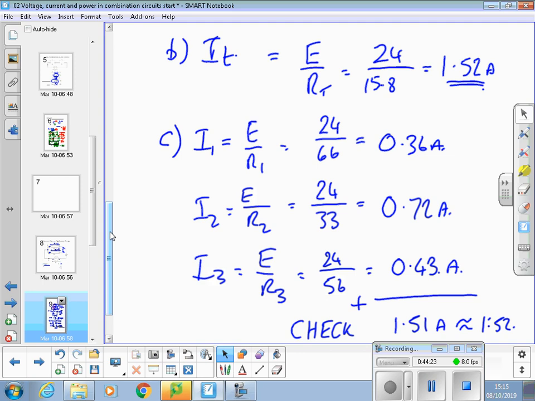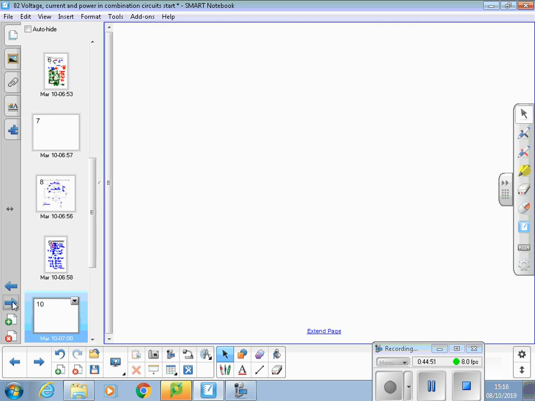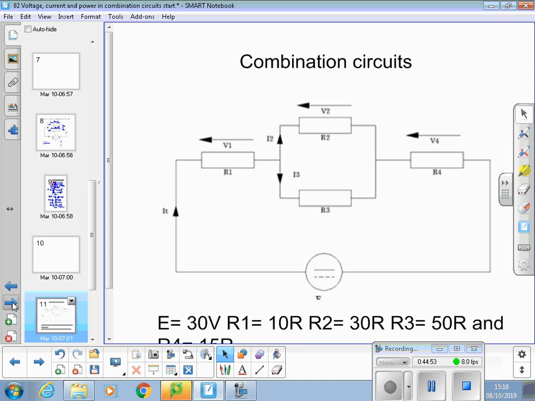So that version of IT and that version match each other. So it's a useful check either way. All happy? Shout if you're not. If you say yes, I'm going to move on.